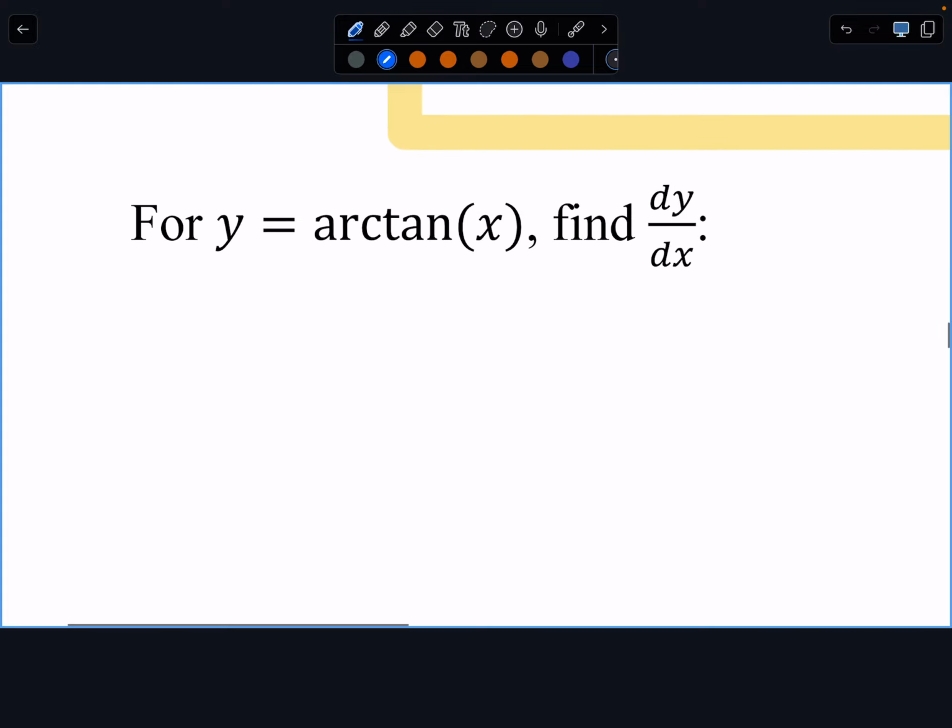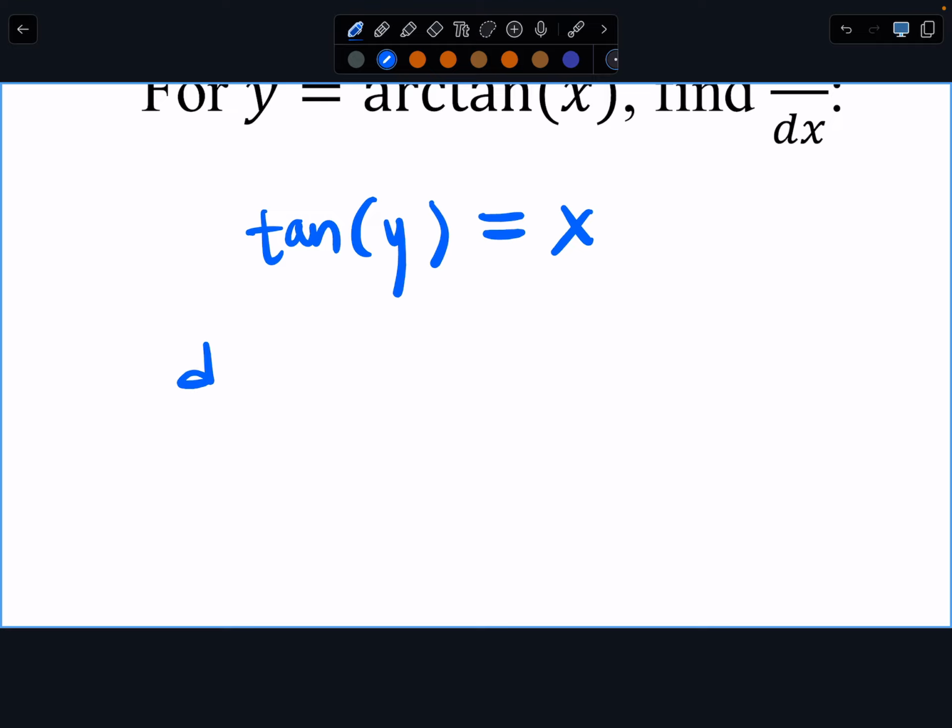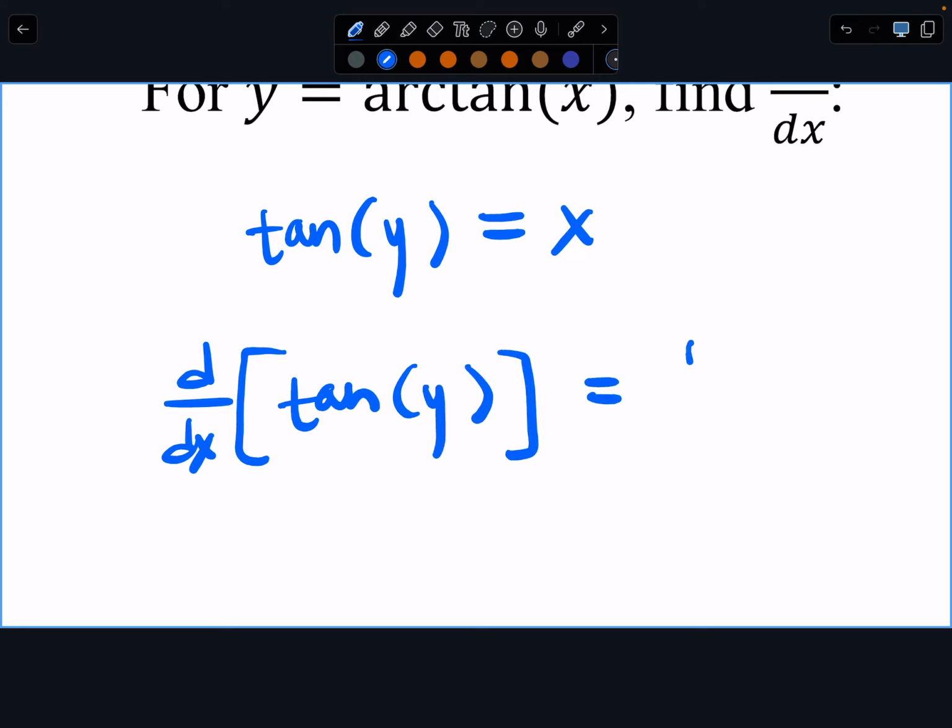It sounds so sincere. Okay, so let's first rewrite arctan as tangent of y is equal to x using implicit differentiation. d over dx of tangent of y equals d over dx of x.